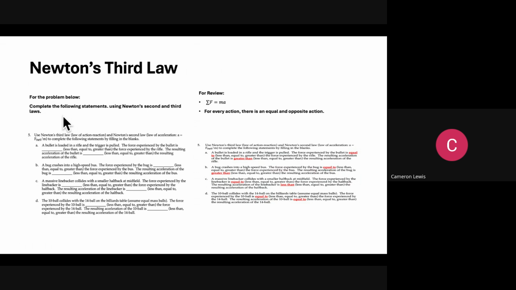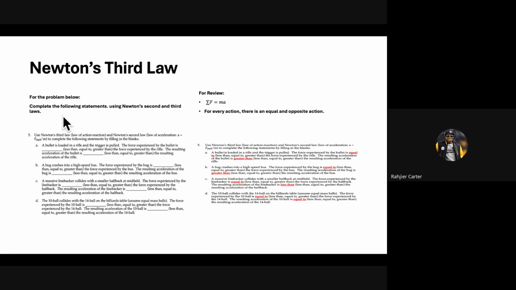Bus hits bug, and the resulting acceleration of the bug from the hit is greater than the resulting acceleration of the bus. Are we mixing up speed and acceleration? No, acceleration.